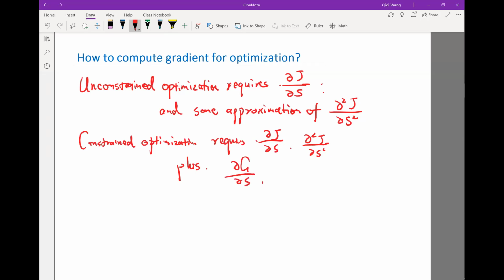Okay, so the question now becomes, how do we compute this? And we're going to focus on the gradients of the objective function and the constraints. The Hessian, we can discuss that. There are plenty of ways to approximate it if you use quasi-Newton or if you follow steepest descent.